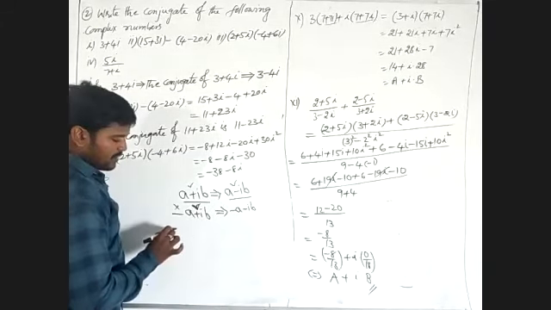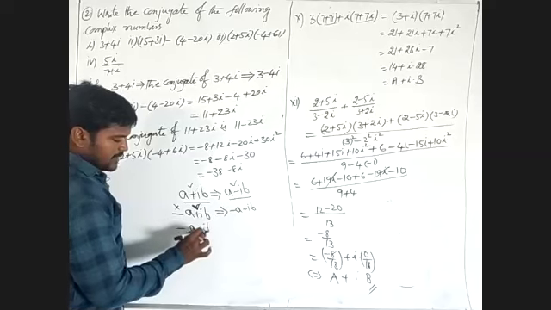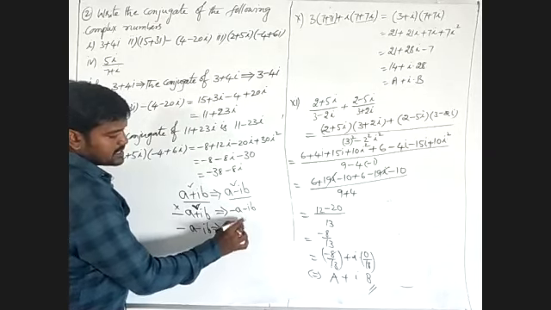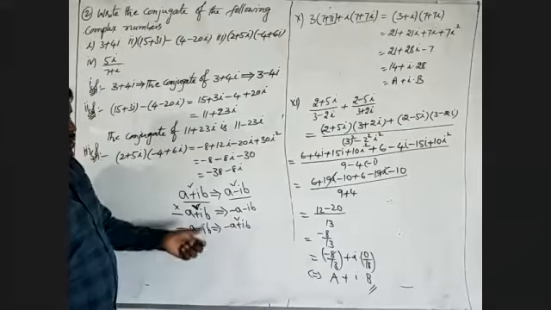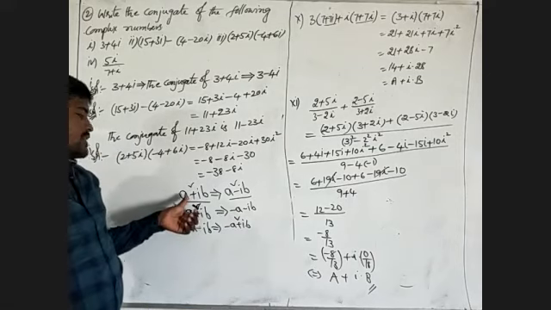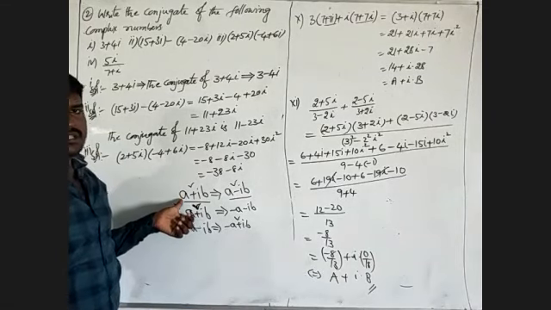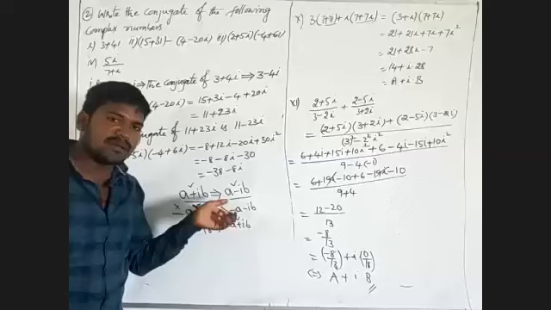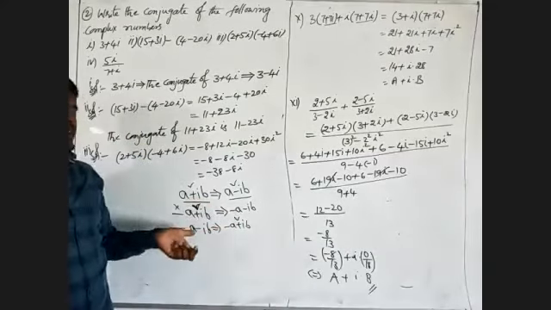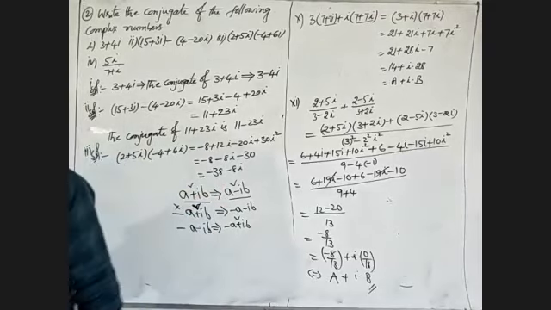The conjugate of minus a minus ib is written as minus a plus ib. Only the middle symbol is changed. The additive inverse of a whole complex number means the complex number is multiplied by minus. Conjugate of a complex number means we change the middle term only.